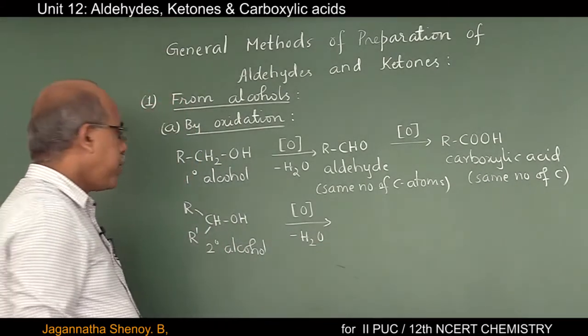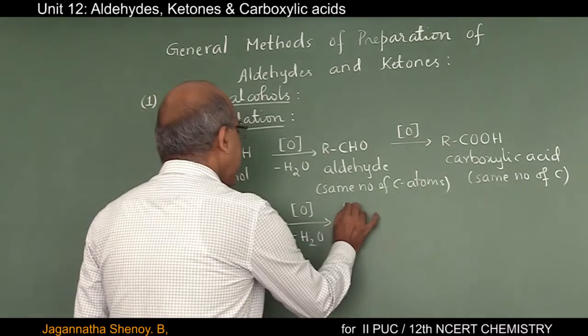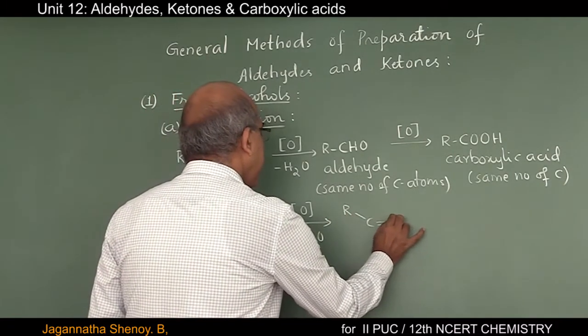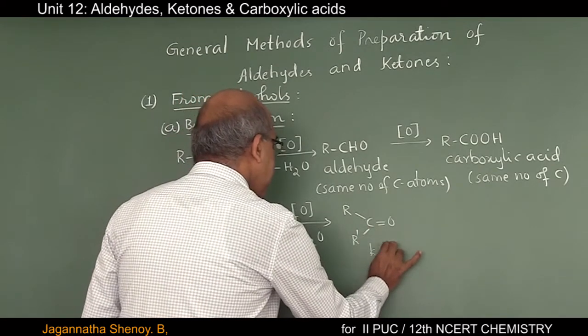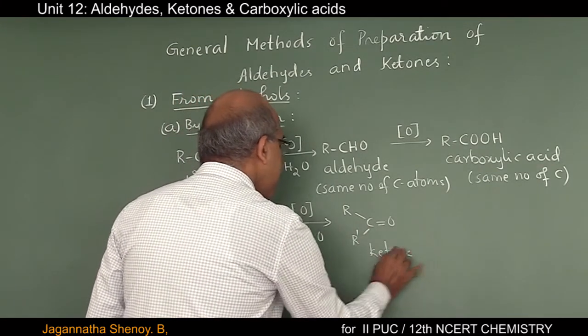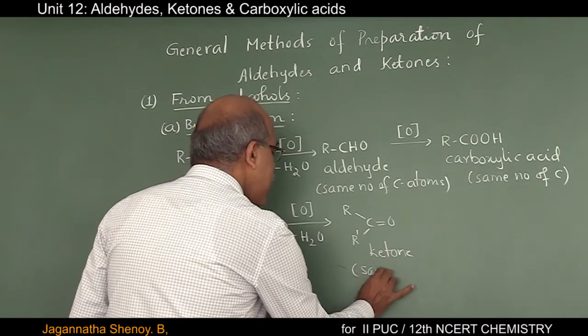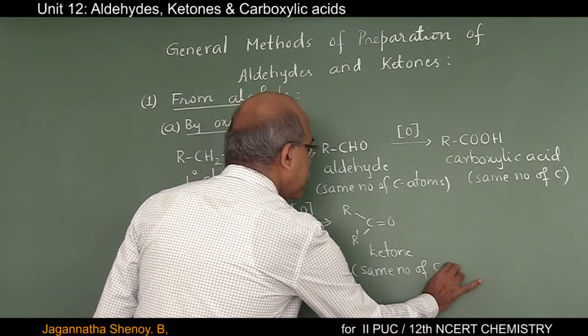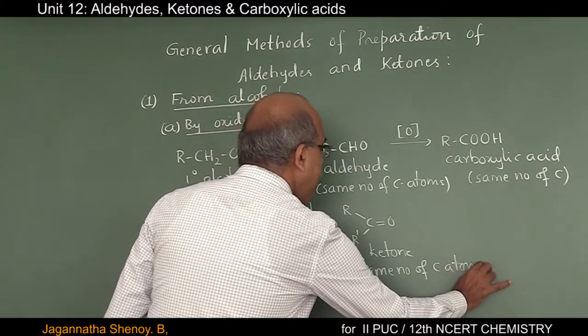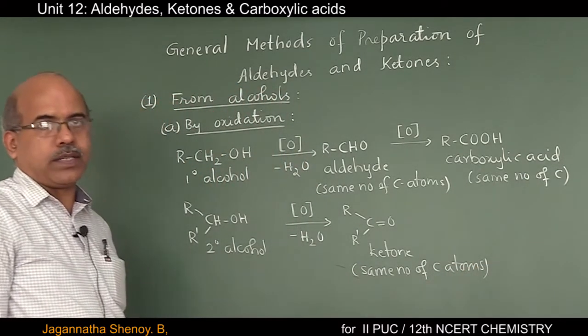The product obtained would be ketone, RC double bond O R dash. I'm going to get ketone. Of course, this ketone contains same number of carbon atoms as in starting secondary alcohol.